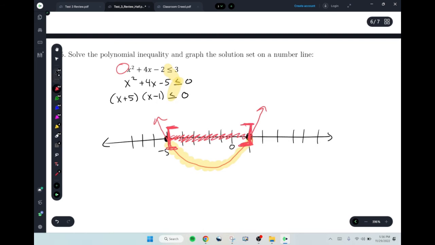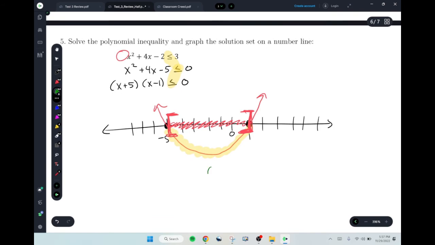If you don't like that way of doing it, that is literally okay. Just grab 3 points and plug them in. Just grab the point 0 and plug it in. Say, what is f of 0? What is f of -6? What is f of 2? And we'll find out. Looks like f of 0 would be 0 squared plus 4 times 0 minus 5 equals -5.